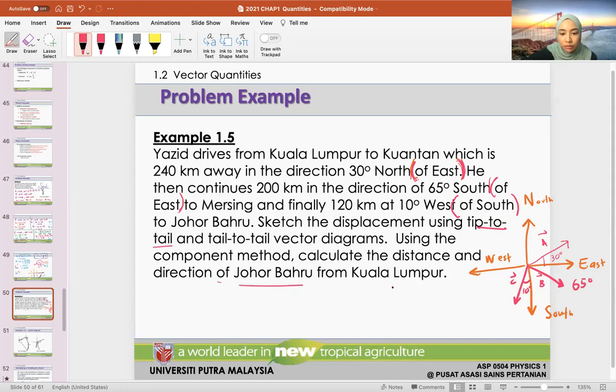Yazid drives from Kuala Lumpur to Kuantan, from Kuantan to Mersing, and then from Mersing to Johor Bahru. So it's asking us to calculate the distance and direction of Johor Bahru from Kuala Lumpur, the initial point. Okay, so how do we do that?